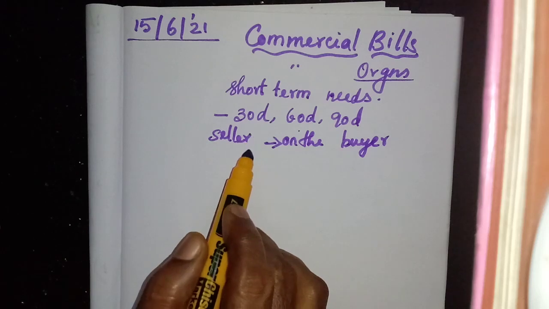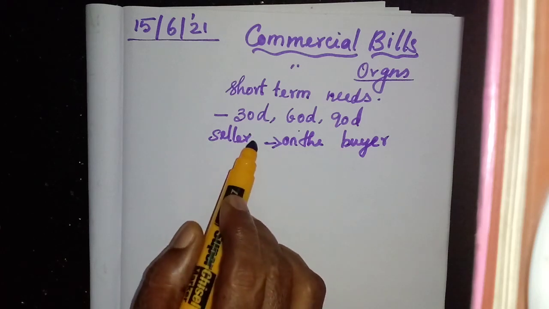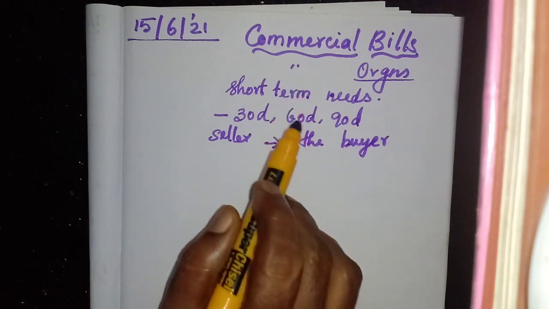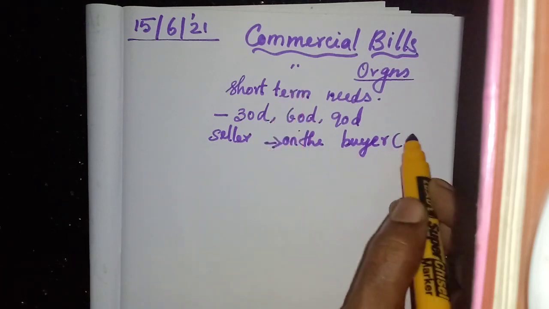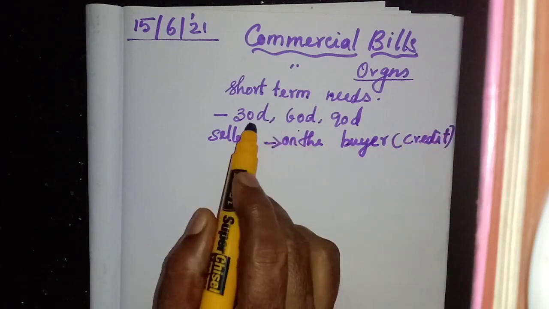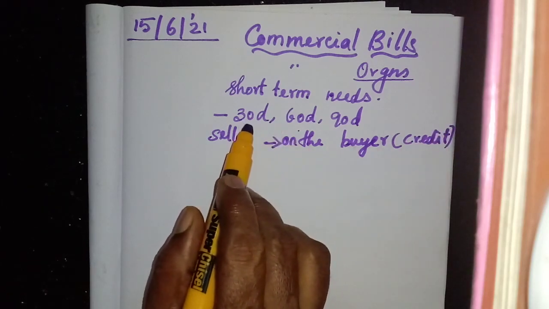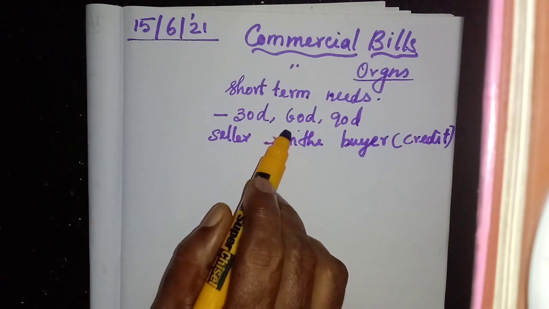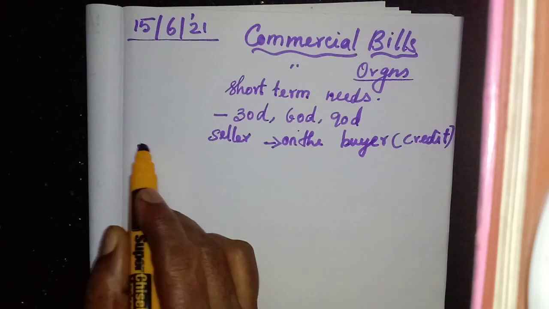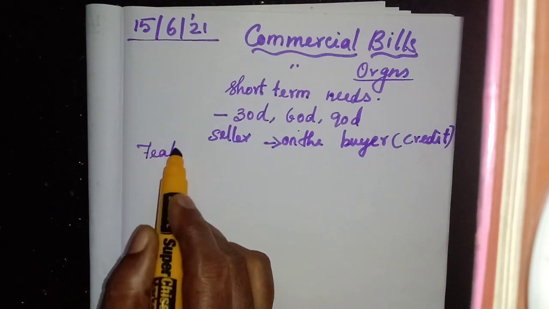Usually these bills are issued by the seller of goods on the buyer of goods, because if the goods are sold on credit basis, the buyer will accept that within 30 days they have to pay back the money. So what are the features of these commercial bills?